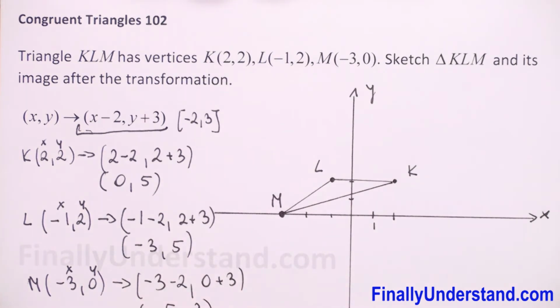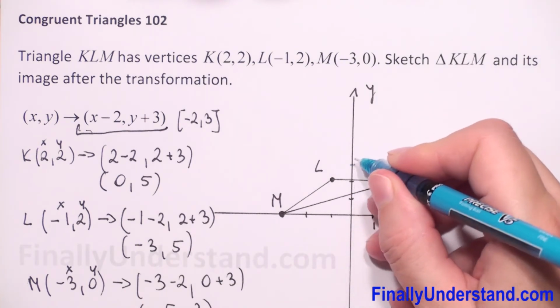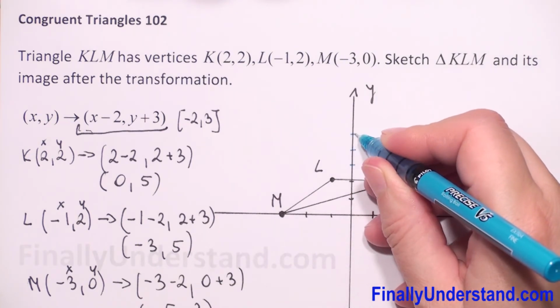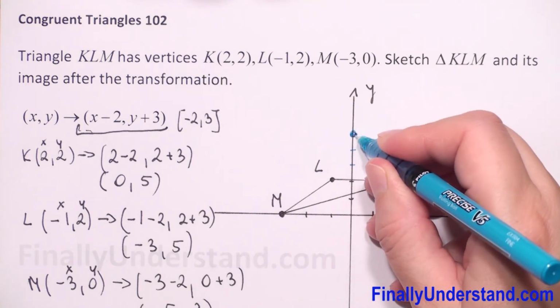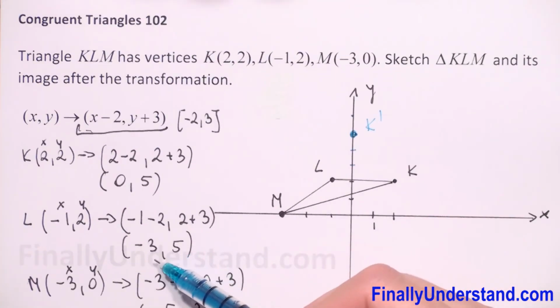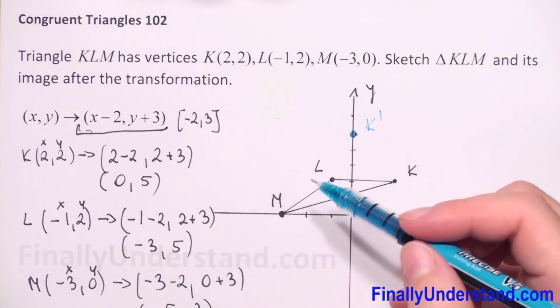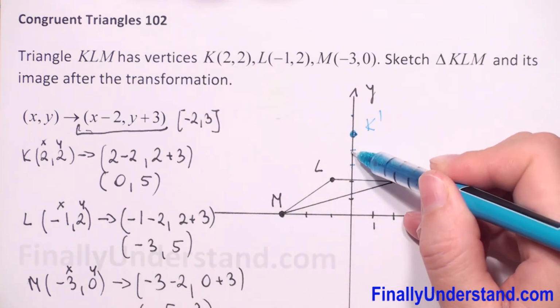So next, let's find these points in our xy plane. First point is 0, 5. 1, 2, 3, 4, 5. So this is point K prime. Next we have point -3, 5. -3, 1, 2, 3, 4, 5.